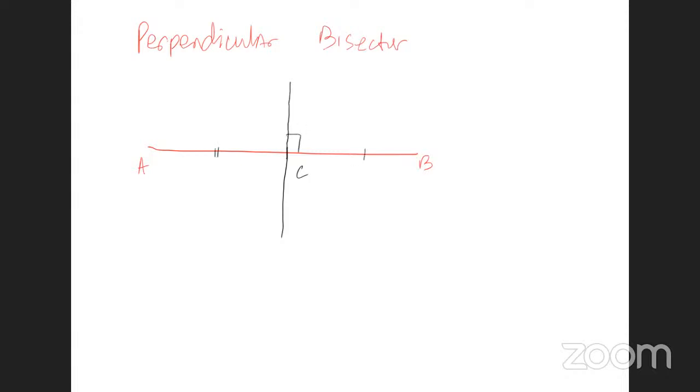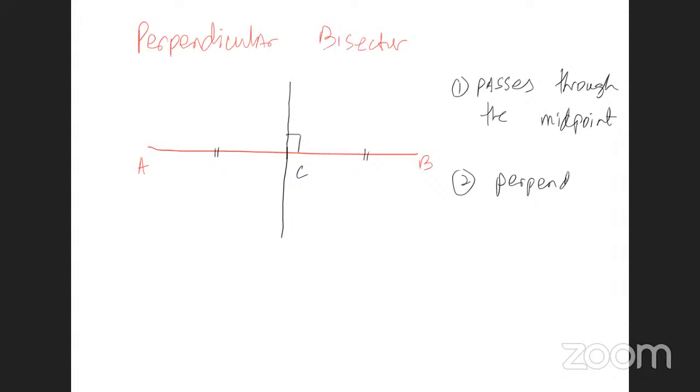That's the perpendicular bisector of AB. So number one, it passes through the midpoint. Number two, it's perpendicular to the line. Okay, so those are the two important things that we need to know about the perpendicular bisector.